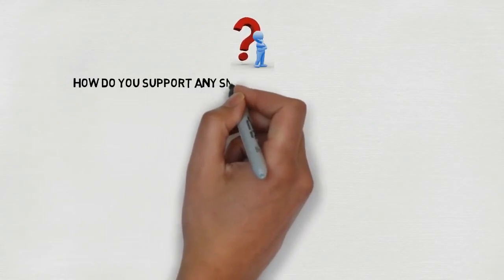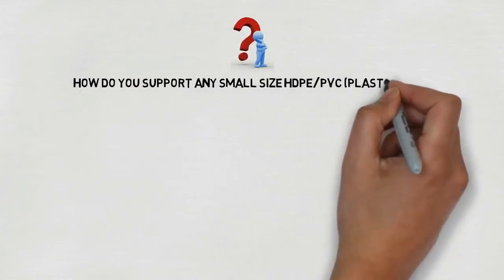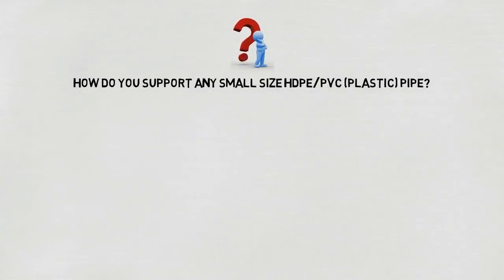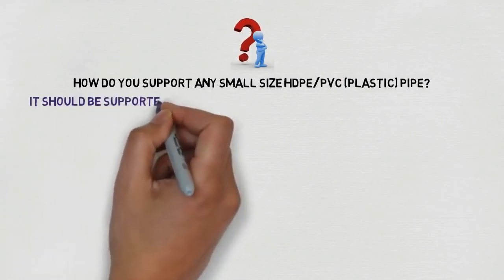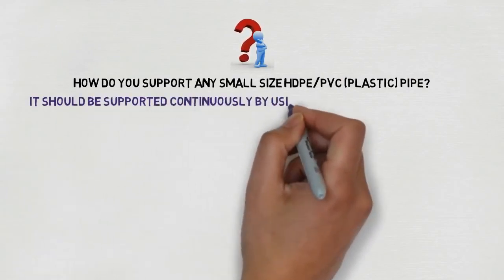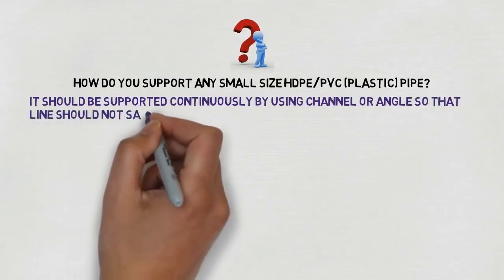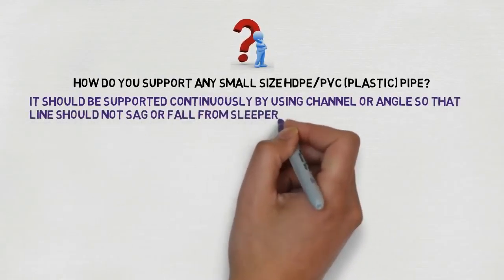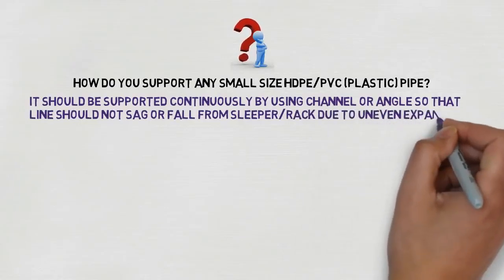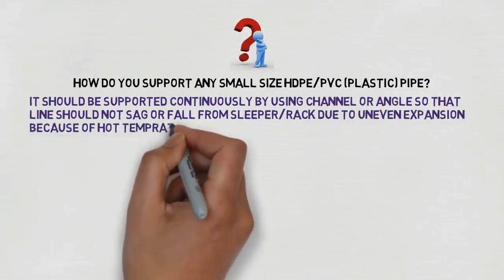How do you support any small size HDPE PVC plastic pipe? It should be supported continuously by using channel or angle so that the line should not sag or fall from the sleeper or rack due to uneven expansion because of hot temperature.